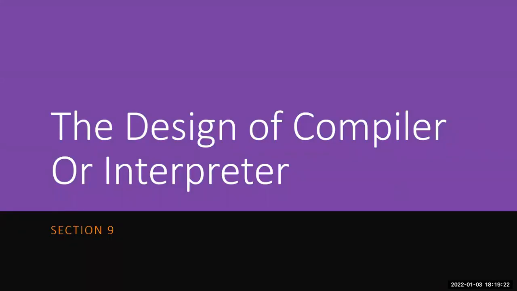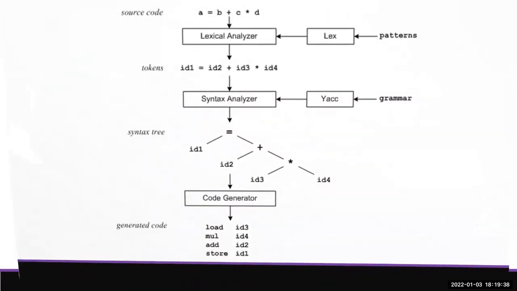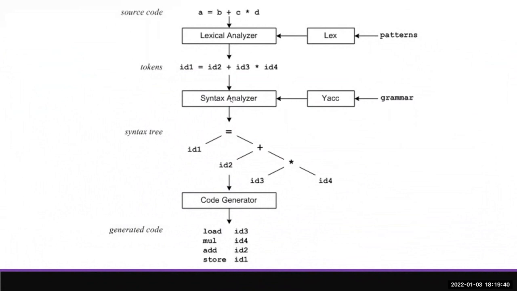So, the design of a compiler and interpreter. Basically, we get a bunch of characters, we do tokenization, put them into a bunch of words, and then we build them into a syntax tree, and then we do something at the back end. Here, same thing: we take the expression and tokenize it into IDs.